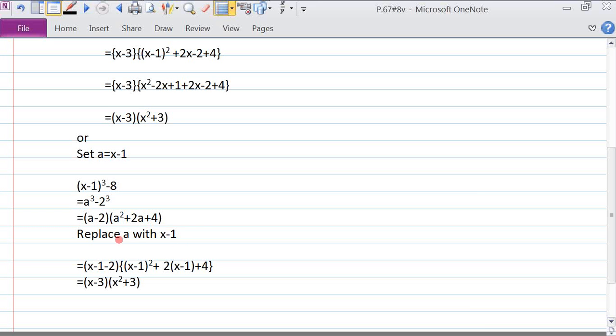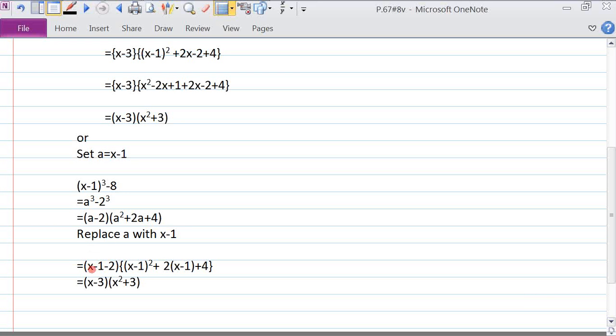Now I go back and reverse the procedure. I replace a again with x minus 1. And I've got it right over here. So I've got x minus 1 right here.